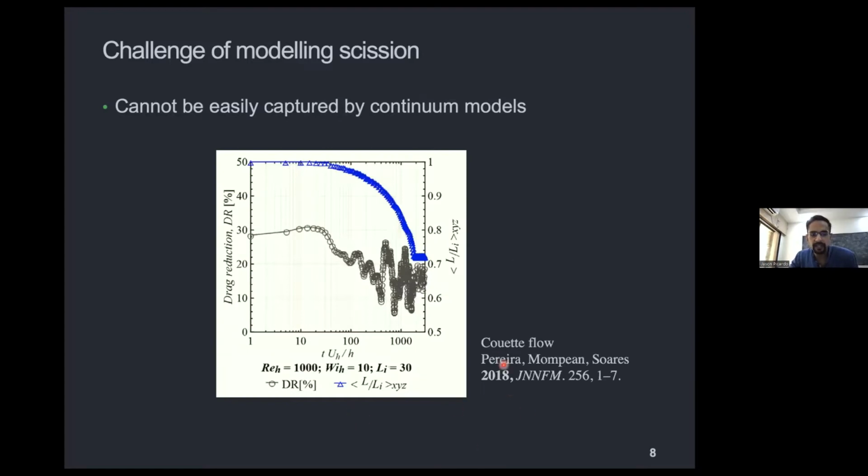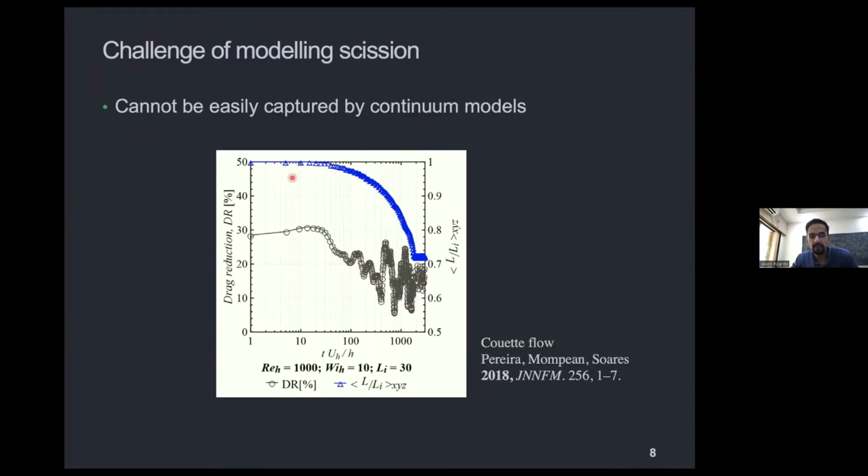So here is one of the first valiant attempts, again by Suarez's group. What they've done is introduce scission into a continuum model in a sort of ad hoc phenomenological way. They've essentially made the maximum length of the polymer in the FENE-P model degrade in time, again, in some kind of ad hoc fashion.